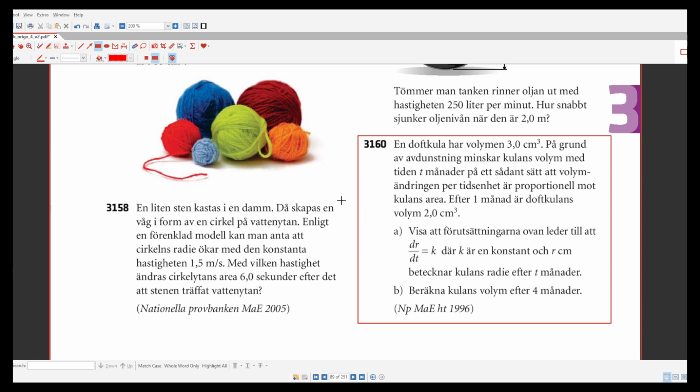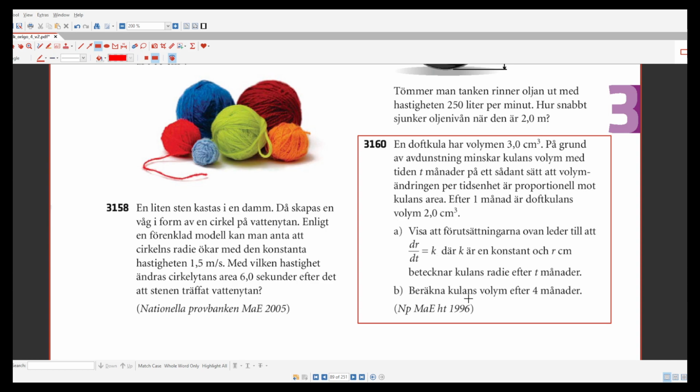Part 1, show that the rate at which the radius is changing over time is a constant, which they call K in this problem. First of all, based on what they told you, that the rate at which the volume is changing is proportional to the area, you have to convince yourself that the rate at which the radius changes is a constant.